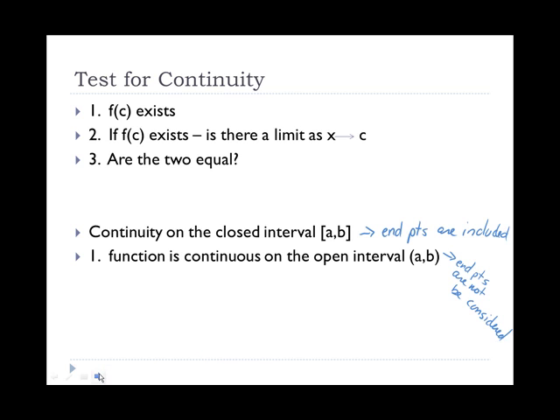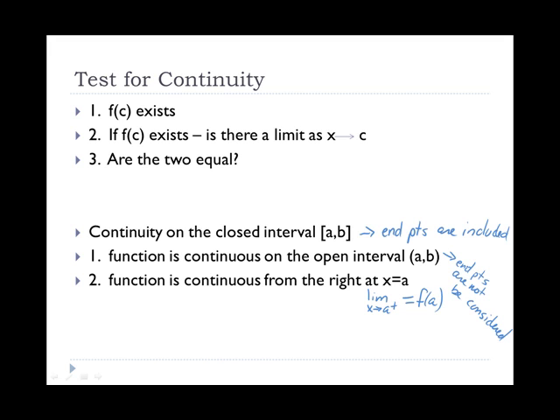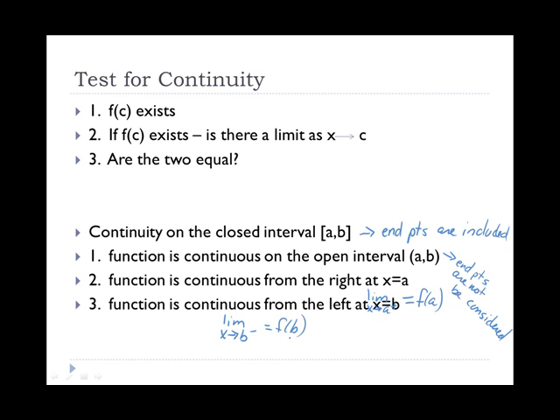If you're asked, is it continuous from the right at a value, remember we said that if you're only approaching from one side, the limit as x approaches a from the right must equal f of a. And likewise, number 3, if I approach from the left, the limit as x approaches b from the left must equal f of b. So you can have a one-sided continuity test or a full continuity test.